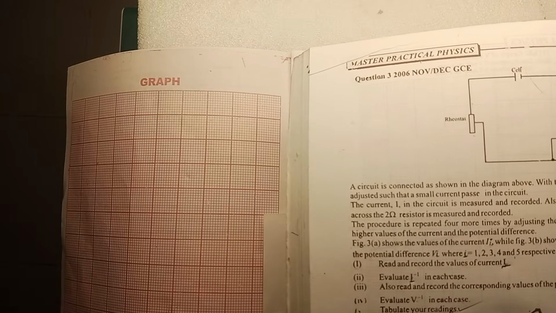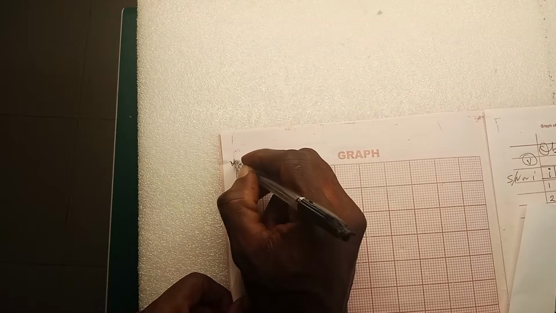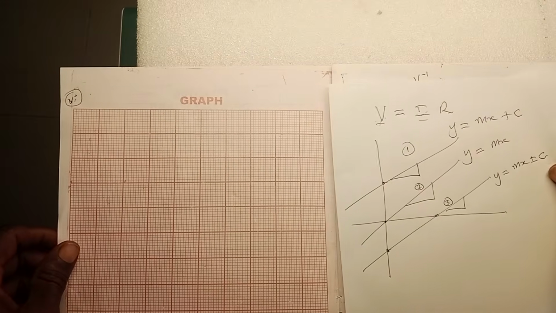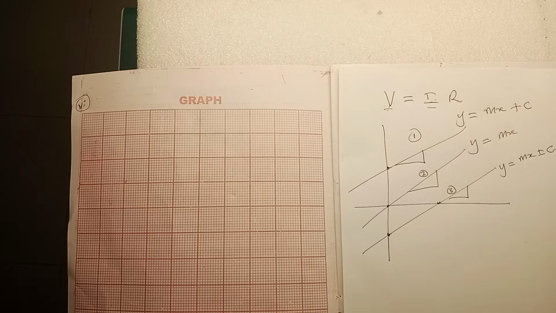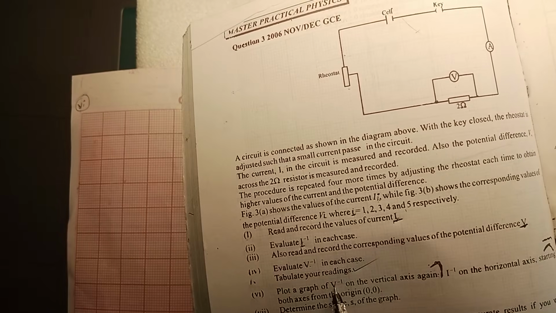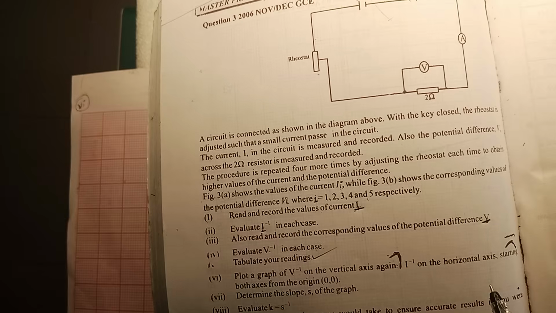Then we are on VI: plot your graph. They ask us to plot a graph of V inverse on the vertical axis and I inverse on the horizontal axis.